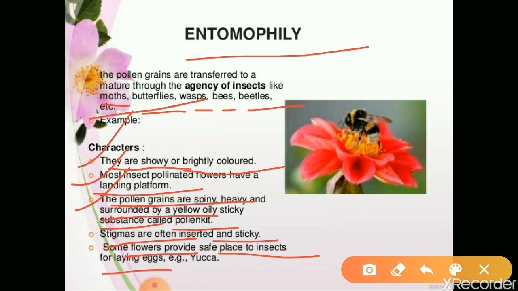So some insect pollinated flowers provide some place for what? For laying eggs. To whom? To insects. So all these are the characteristic features of entomophilous flowers. The pollination which takes place by the help of insects we can call as entomophily. Is it clear?